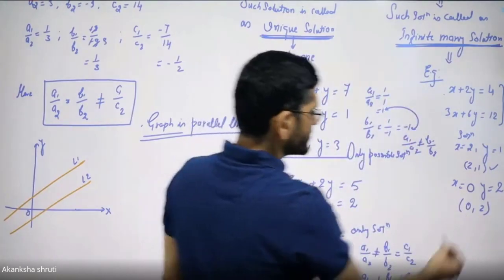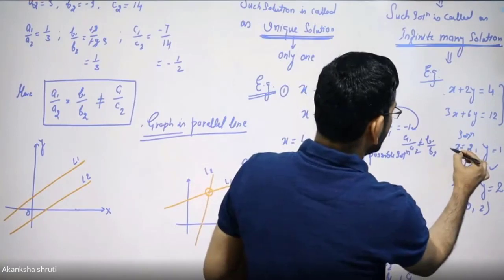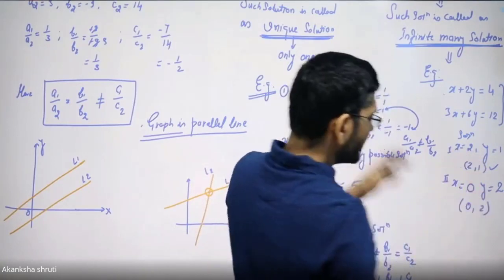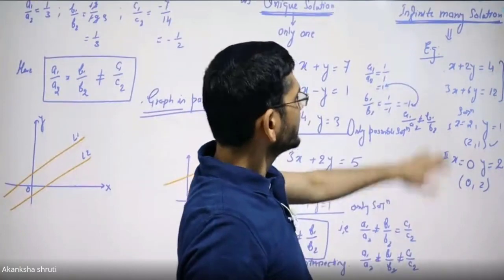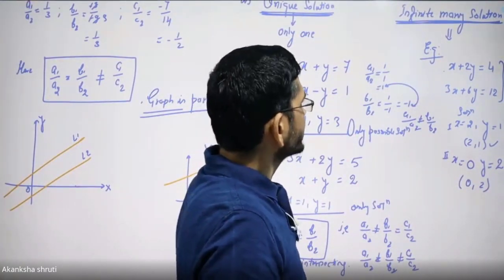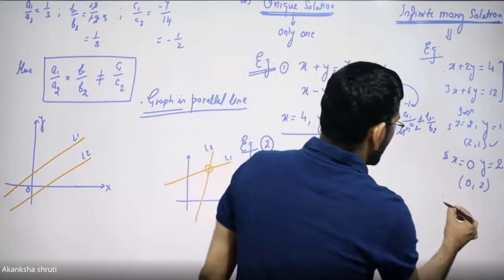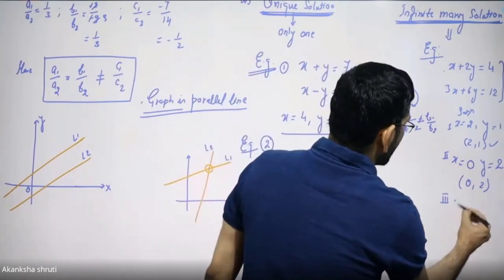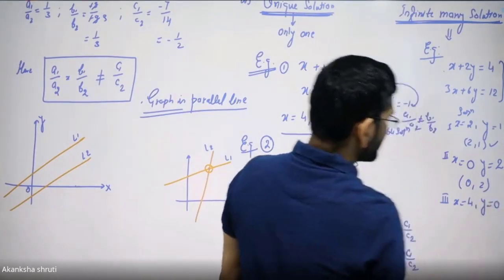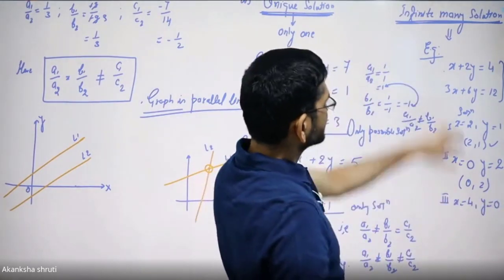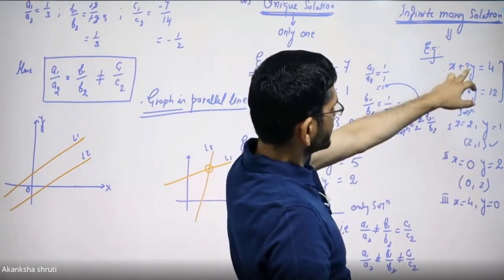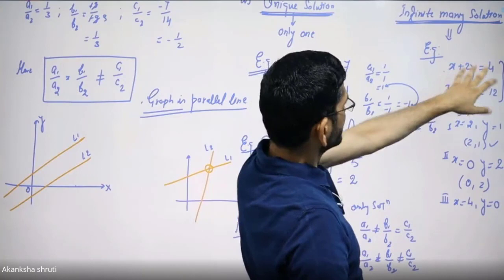Students, let us try another one. Let us take y equals 0 this time. The third one, let us take x equals 4 and y equals 0. Substituting x equals 4 in the first, y is 0, 2 into 0 becomes 0, so 4 plus 0 is 4.